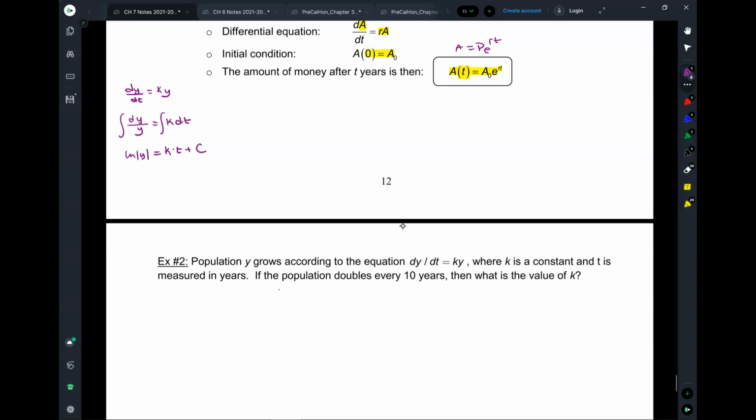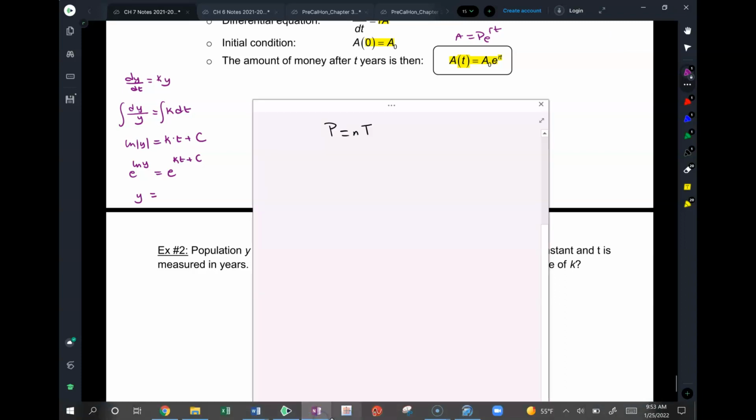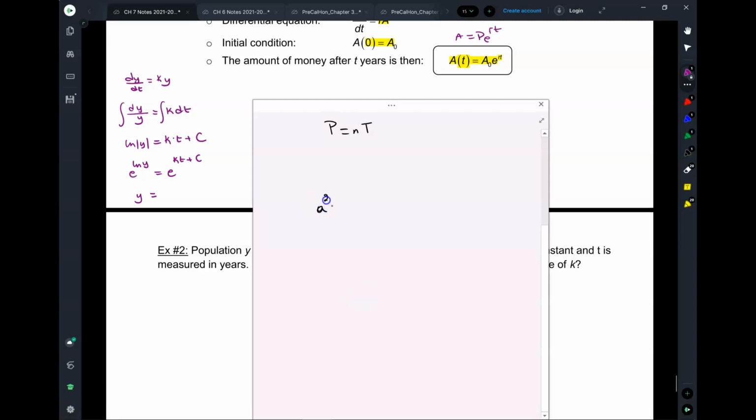Now I need to solve this for y. How am I going to solve it for y? Take e to the power of everything, remember? So e to the ln of y equals e to the kt plus c. What's e to the ln of y? Just y. Now, e to the kt plus c. If I have, for example, a squared times a to the x, how do I write that?